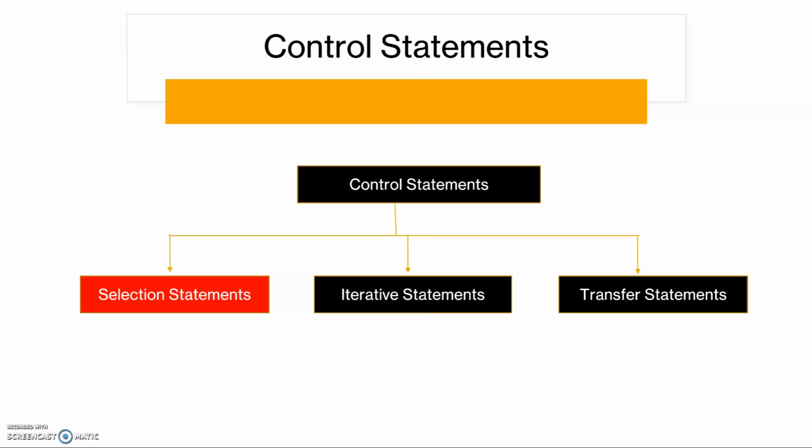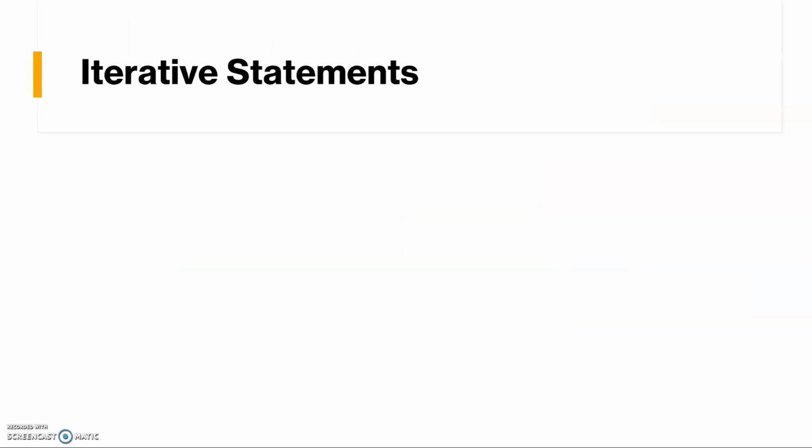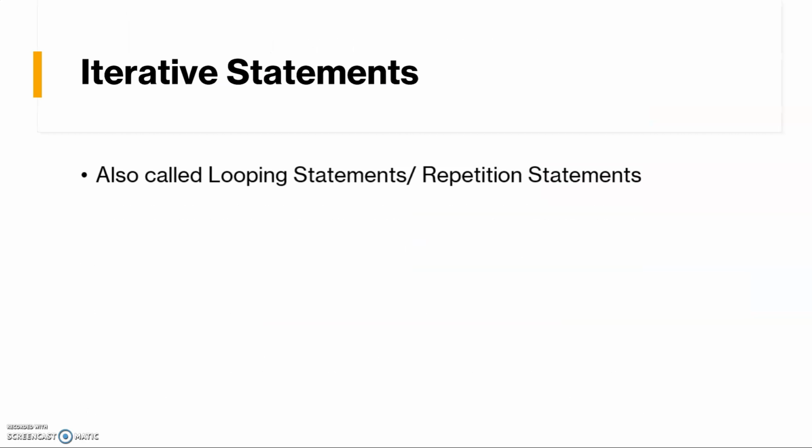with syntax and example. So today's class we'll be learning in detail about what actually iterative statements are. So let us start with this concept. Now what actually iterative statements are, these are also called as looping statements or repetition statements.